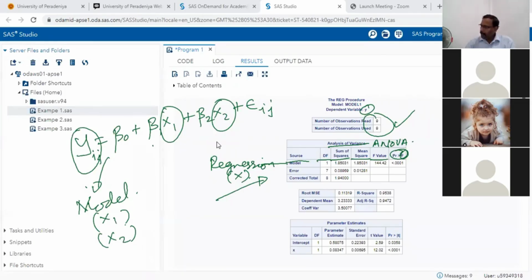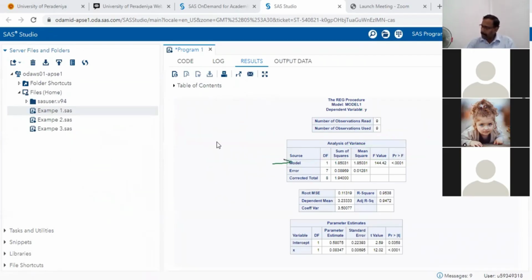So we could say regression is the model. Then we have error, then we have total, corrected total. Degrees of freedom: n-1 for the total. 1 is the degrees of freedom for regression. n-2 is the degrees of freedom for error.